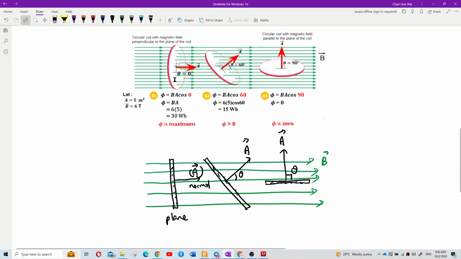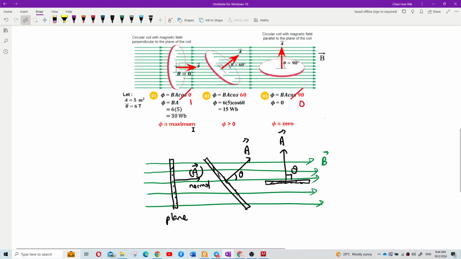So see the first one. This theta is 0, because you see the normal and the magnetic field are parallel. So cos 0. Cos 0 is equal to 1, isn't it? If cos 90 equals 0, and cos 0 equals 1, you get flux equal to BA.